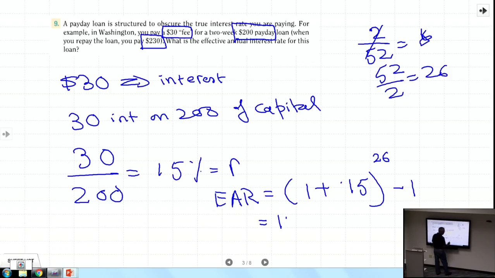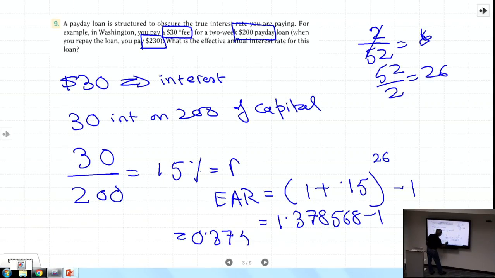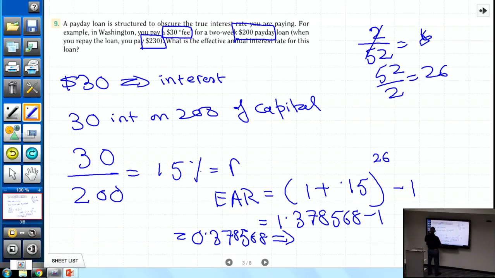This would be 1.37... I made a mistake. Let me redo the math over here.